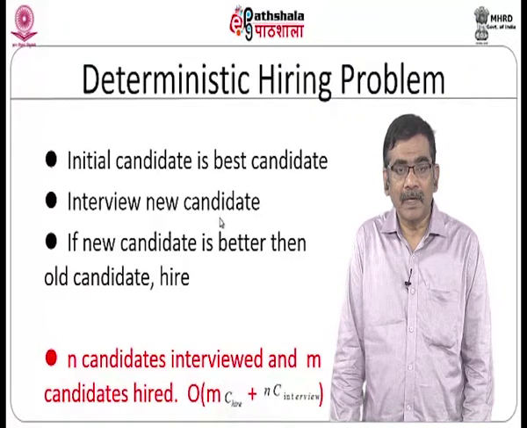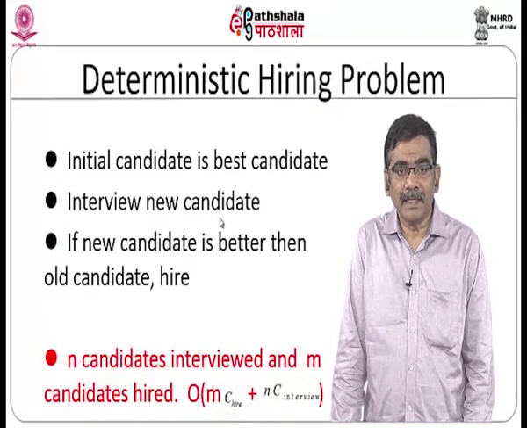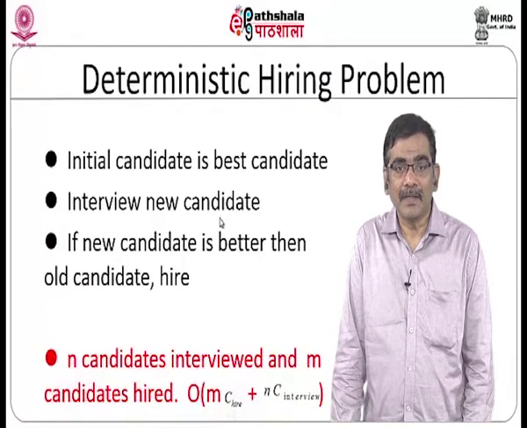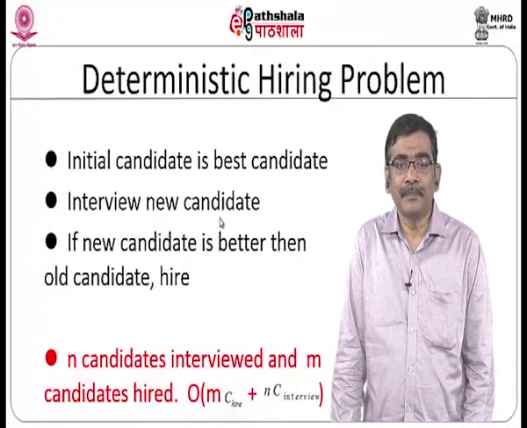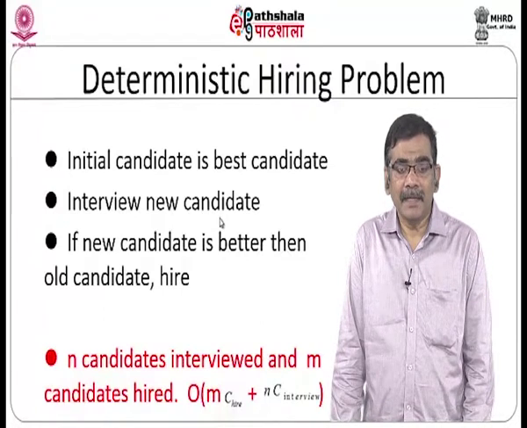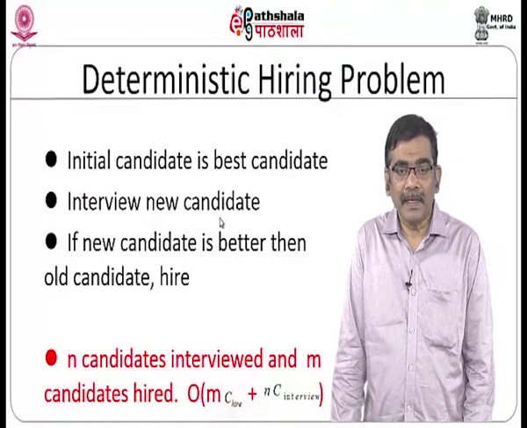You have to give equal opportunity to all the people, so you have to conduct interviews for all the people. So, if n persons are interviewed, the cost is n times the cost of conducting an interview. Another cost is that out of n candidates you are going to hire m candidates.